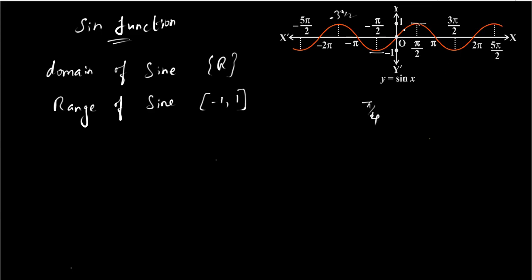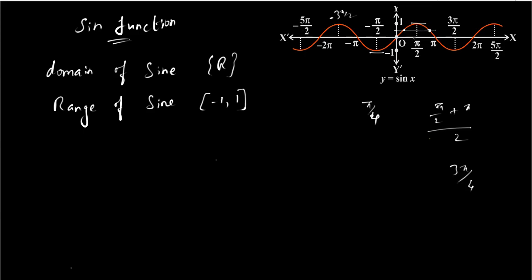If we take between pi by 2 and pi, we get pi by 2 plus pi whole divided by 2, so 3 pi by 4. At both of these points we will get the same value, so the y-axis value becomes the same at this point as well as this point.